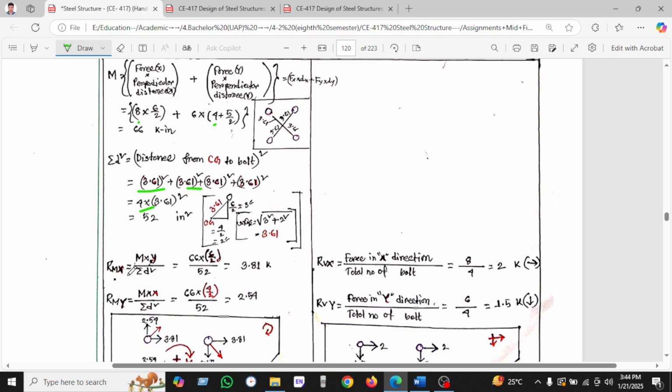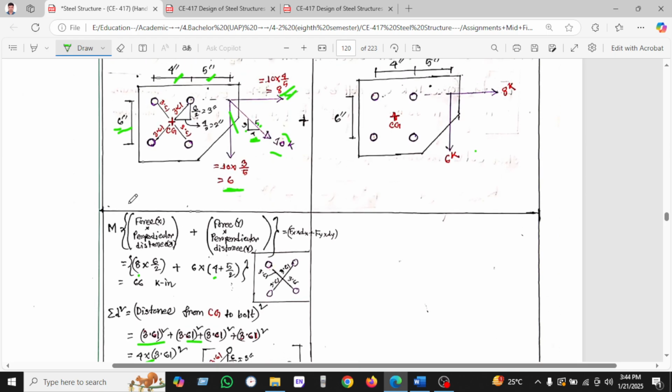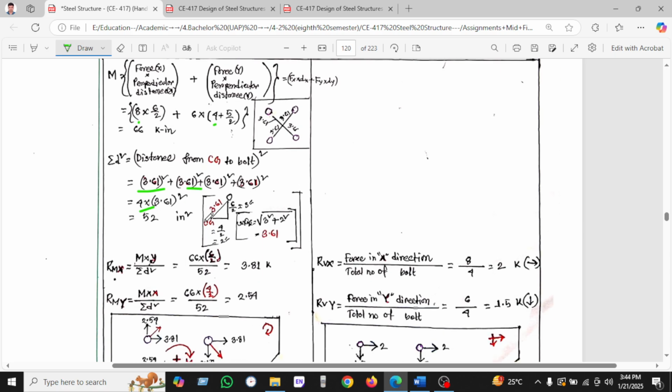And then we are calculating Rm, where m equal to y into summation of d square. So y we are taking the 6 into 2, as we know from the given here, and found 3.81. In the same way we are taking the x-axis, which is m into x into d square. So x we have been taking 4 by 2.